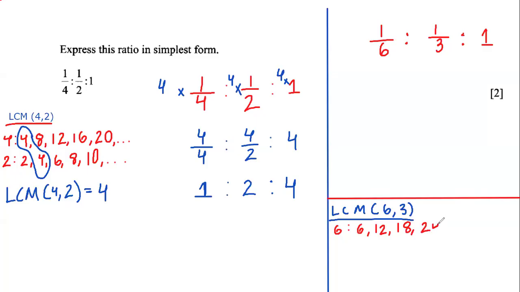Very good. 30. And the list goes on, all right? The multiples of 3. 3, 6, 9, 12, 15, 18, 21. Very good. And the list goes on and on, right?